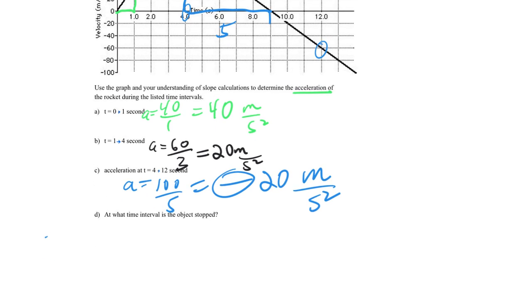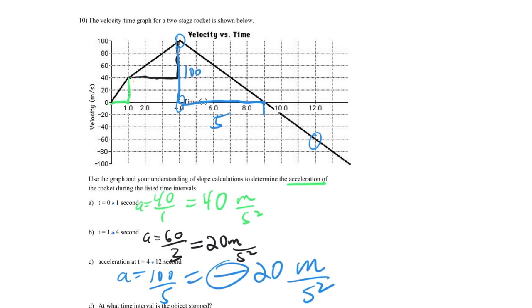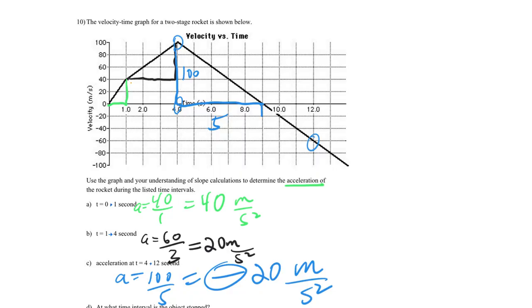At what time interval is the object stopped? Well, to be stopped, you had to have a horizontal line on the x-axis. I don't really see that. But whenever you hit the x-axis, you had to stop. Okay, so right there, let's figure this out.